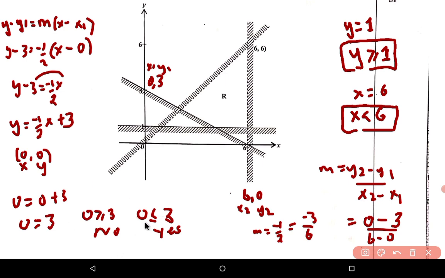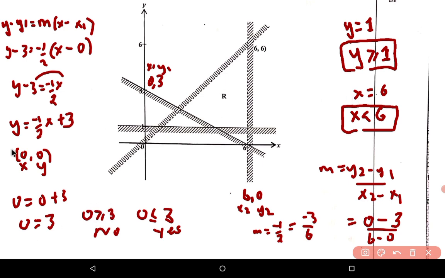So this satisfies our problem. 0, 0 was the shaded part. Then we are describing the unshaded region, so we're going to go with this.